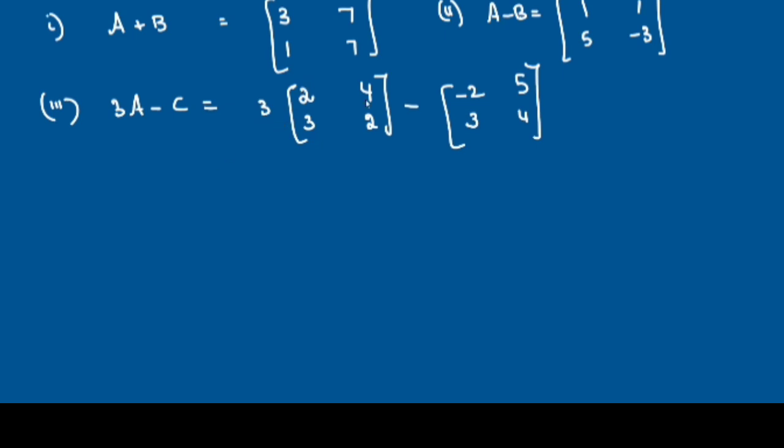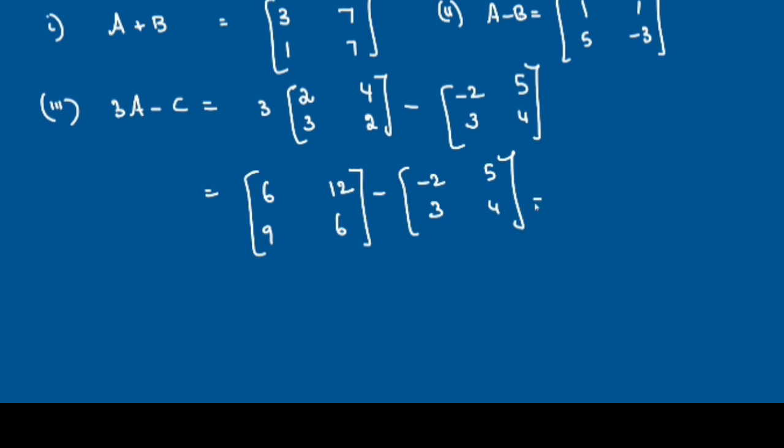You have to multiply all the entries. So just multiply 3 into 2 is 6, 3 into 4 is 12, 9, 6, minus 2 5 3 4. So it is equal to 6 plus 2 is 8, 12 minus 5 is 7, 9 minus 3 is 6, 6 minus 4.